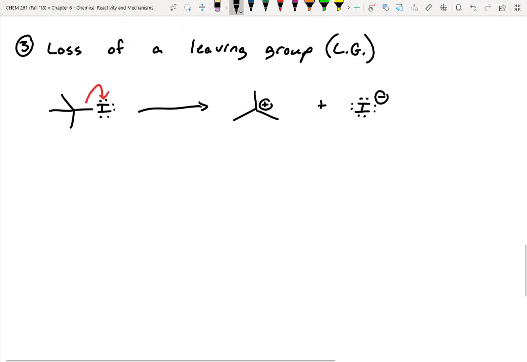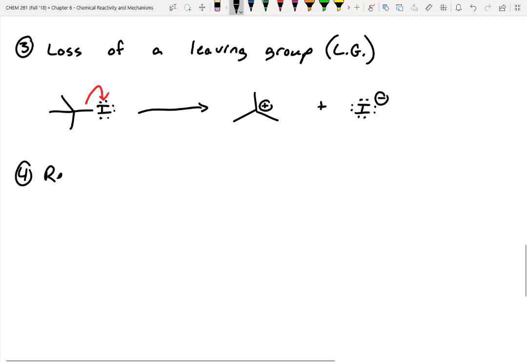All right, next one is kind of complicated. This is called rearrangement. All right, so let's take this example. I'm going to actually steal our carbocation from up above. Or, shoot. Let me move this over, actually. I'm going to move the carbocation over here.